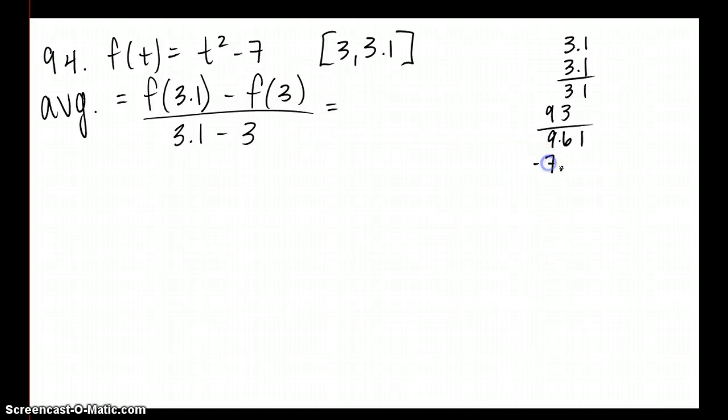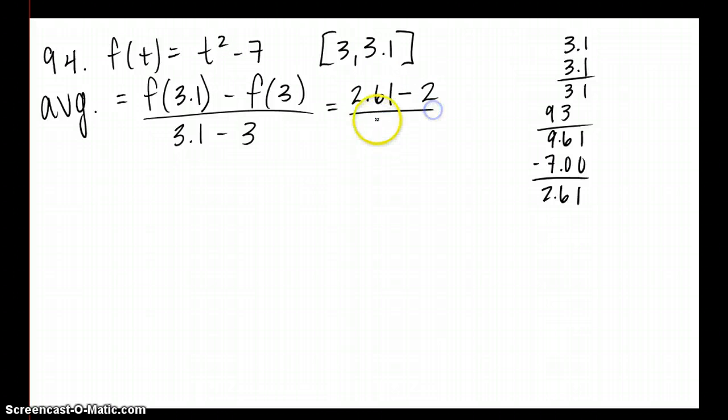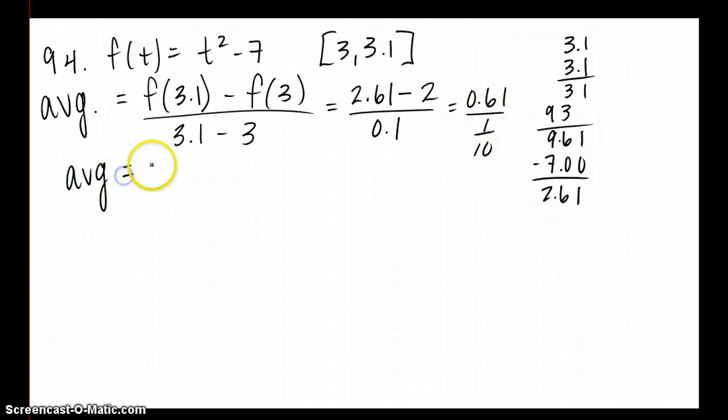I have to subtract 7 from that, so 2.61, minus f of 3, 3 squared is 9, minus 7 gives us 2, all over 0.1. So we have 0.61 divided by 1/10. So the average rate of change would be 6.1.